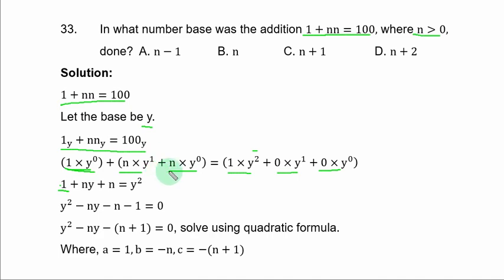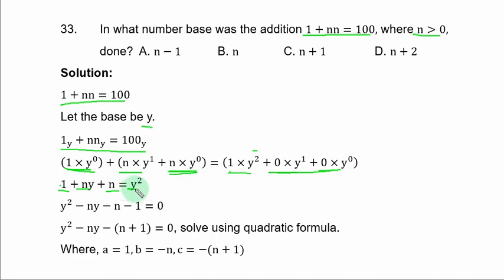Here is n. Here is n. Now let's come here first. Y power 1 is y. Y times n, you have ny. Then y power 0 is 1. 1 times n, you have n. This term becomes 0.